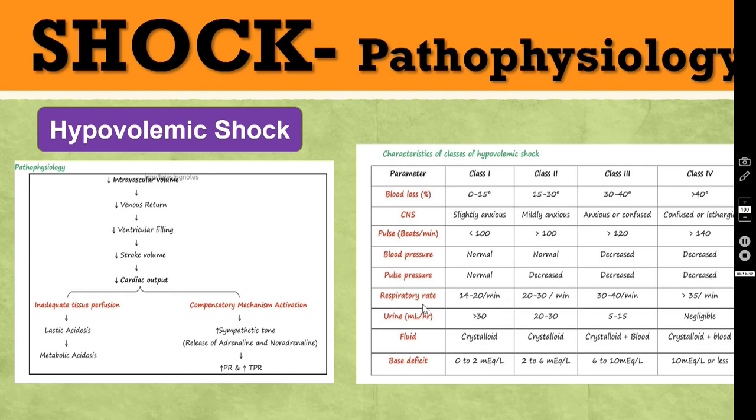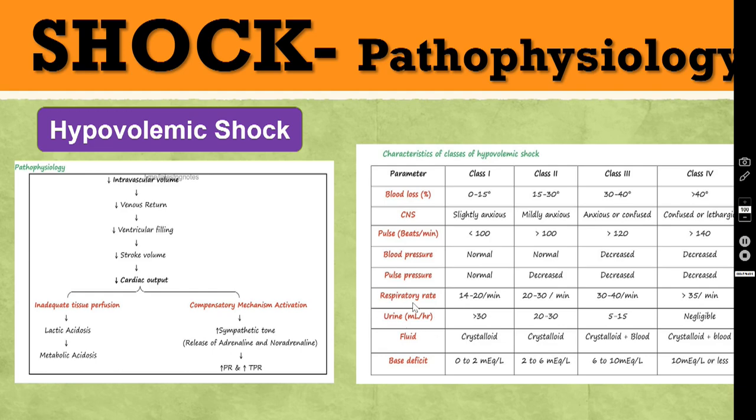Coming to the respiratory rate, in class 1, the respiratory rate is 14 to 20 per minute, whereas in class 2, it is 20 to 30 per minute. In class 3, it is 30 to 40 per minute, whereas in class 4, it is more than 35 per minute.